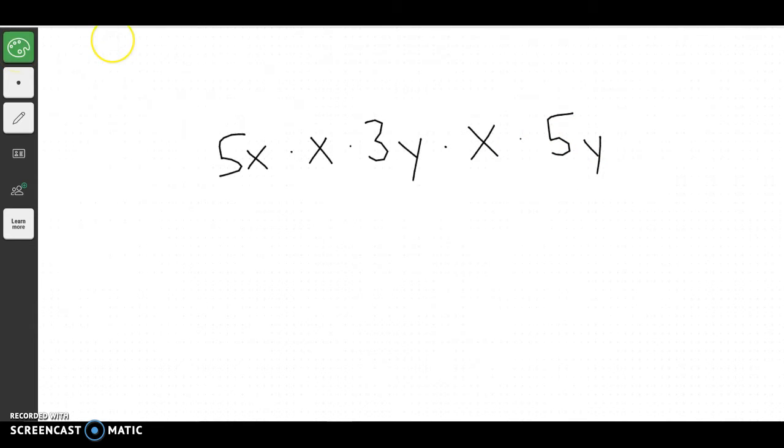In this chapter, with exponents, there's a lot of multiplication that happens. And when you have a lot of multiplication, what you need to realize is that in 5x, the 5 and the x are not actually connected. 5x should really be written like 5 times x.